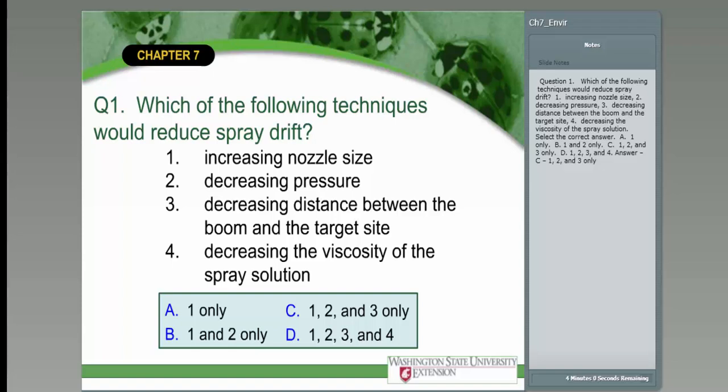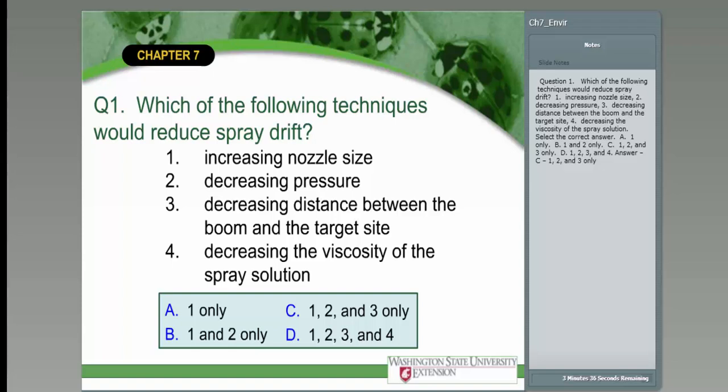Question 1. Which of the following techniques would reduce spray drift? 1. Increasing nozzle size. 2. Decreasing pressure. 3. Decreasing distance between the boom and the target site. 4. Decreasing the viscosity of the spray solution. Select the correct answer.